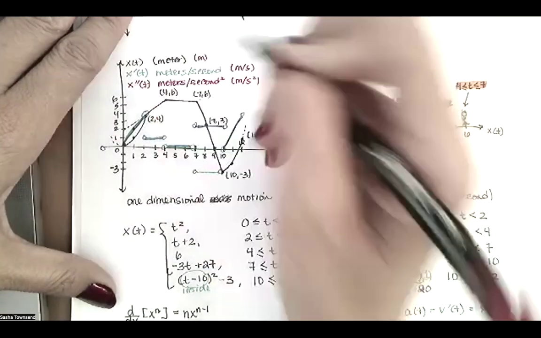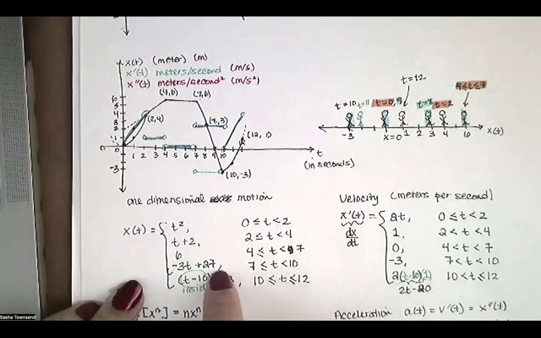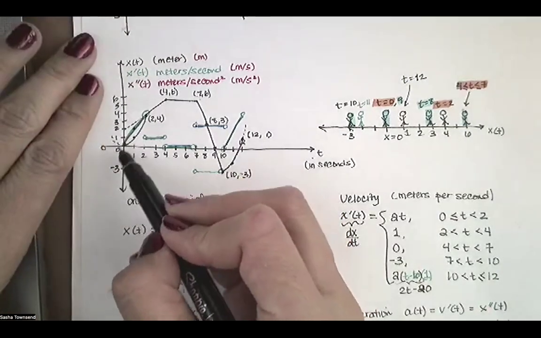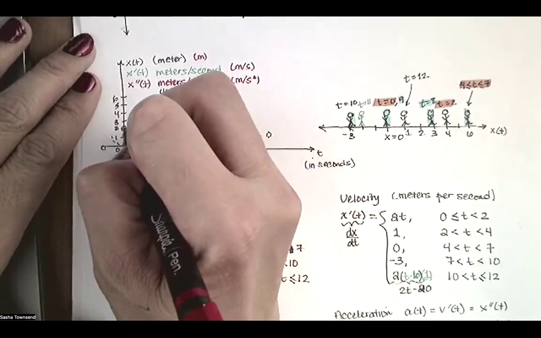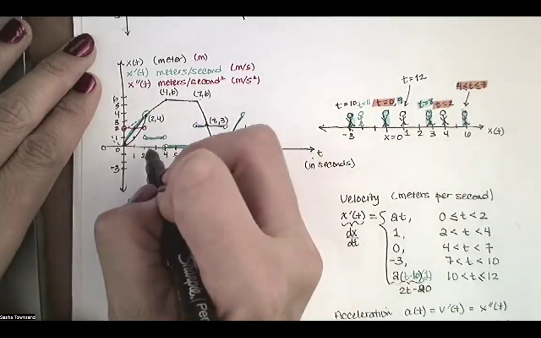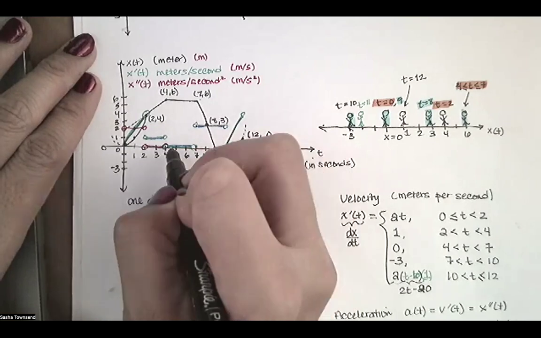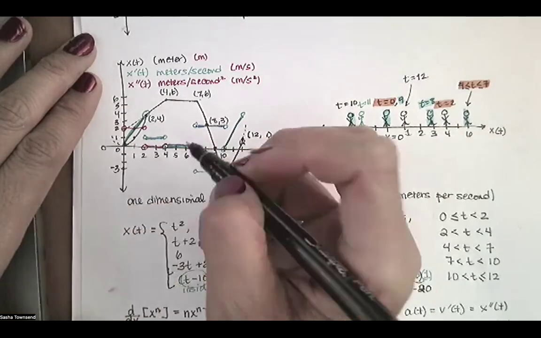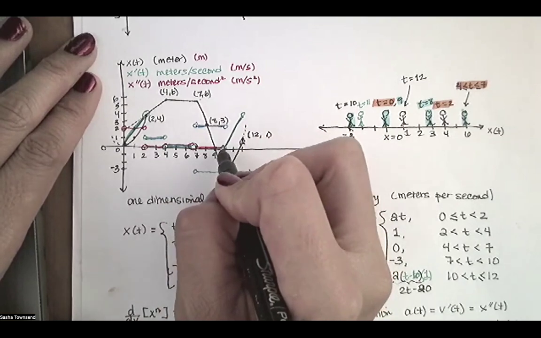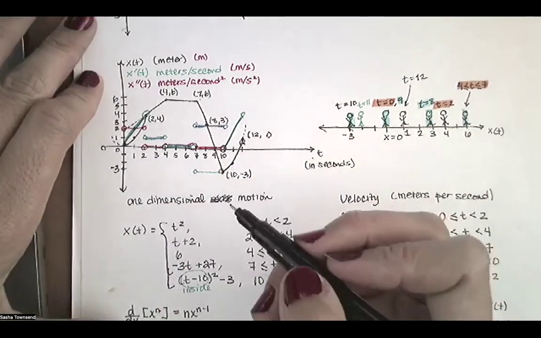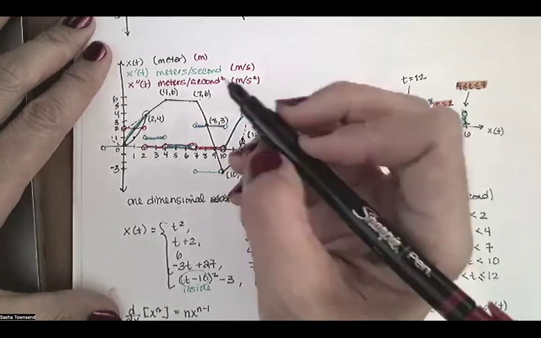Since we just use meters, just an m. The slope of this line segment is just 2. And then this slope is going to be 0, and this slope is going to be 0, and this slope is 0. So I'm thinking in terms of slope when I graph the derivative. And then the slope of this piece is also 2.